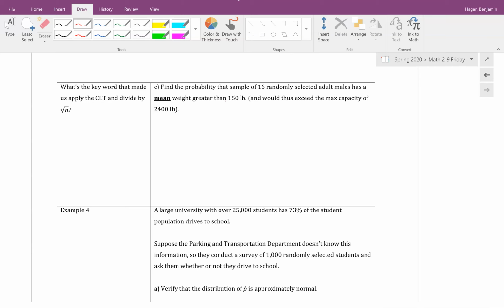We're interested in, if I were to grab 16 people, what is the probability that together their collective average weight would be greater than 150? Meaning I can have some people that weigh 200 as long as I have some people that weigh 100. So if I grab 16 people at random, I want to know the likelihood that collectively they will have an average weight greater than 150.